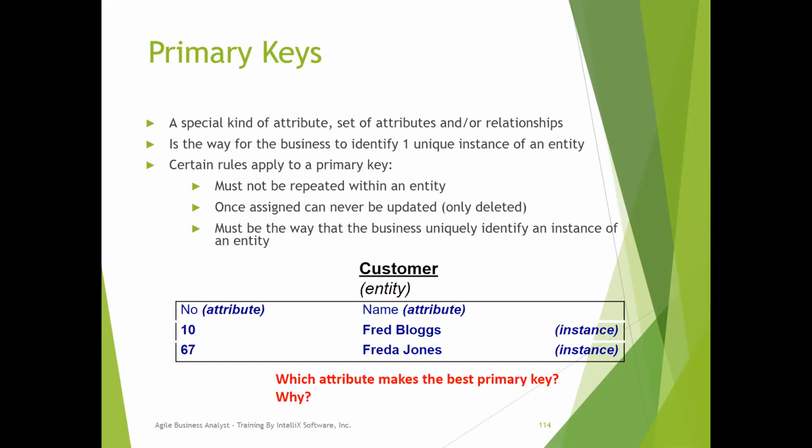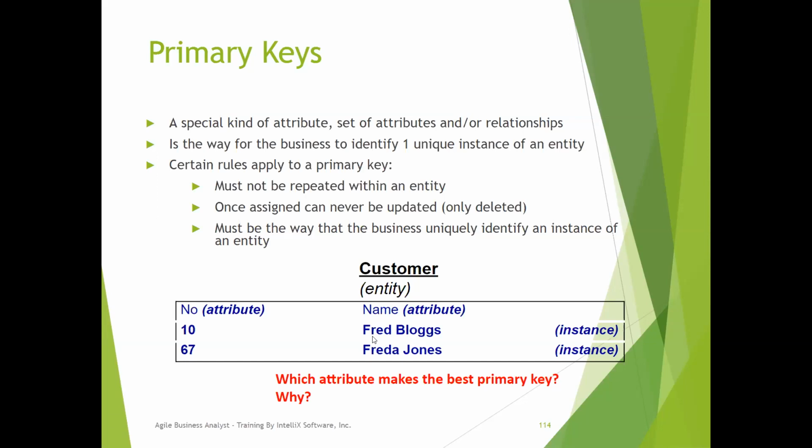Okay, so let's look at an example that we have here. When you look at the customer, if I try to identify customer name as the primary key, will that work? Can I have a customer name that is always unique?